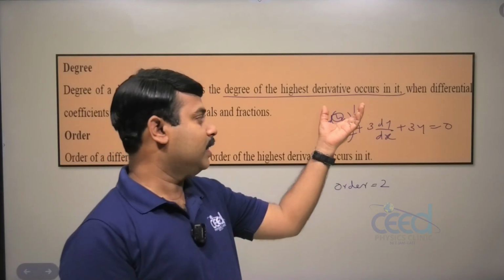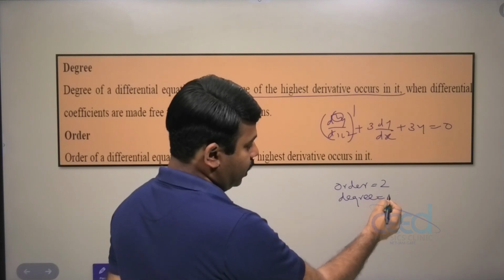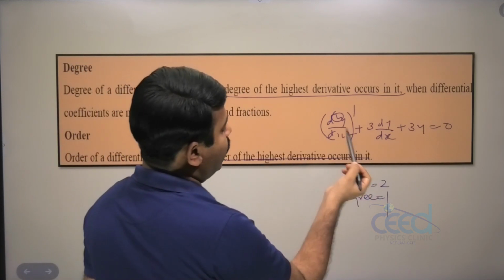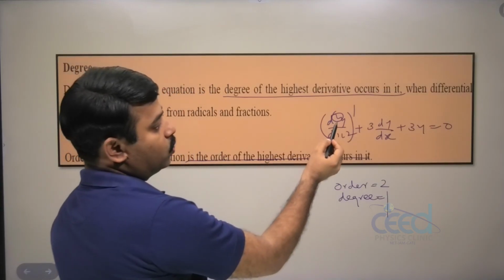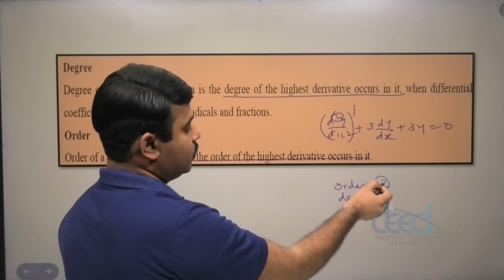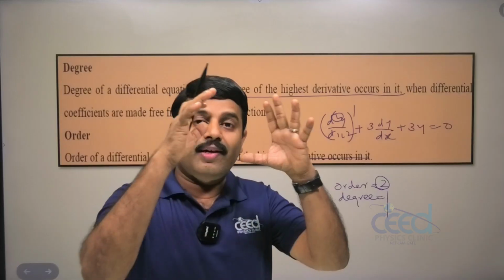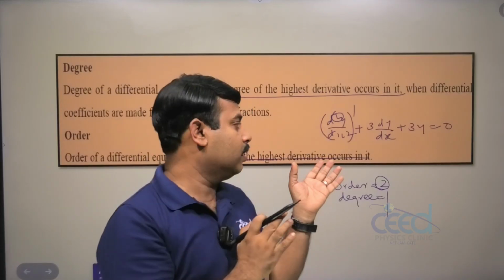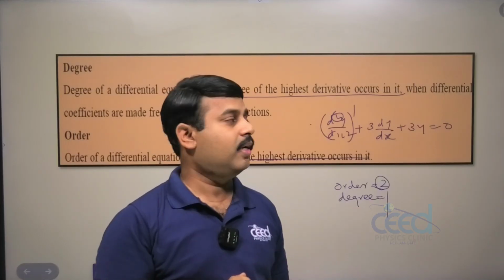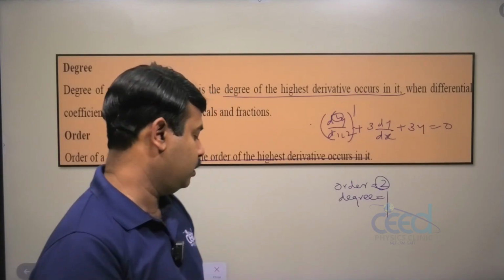So that is the degree, degree equals 1. The order of the differential equation is the order of the highest derivative occurring. Here the second derivative is the highest, so the order is 2, and the degree is the exponent of that highest order derivative. Alright?